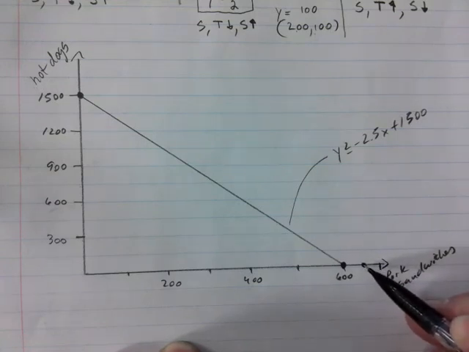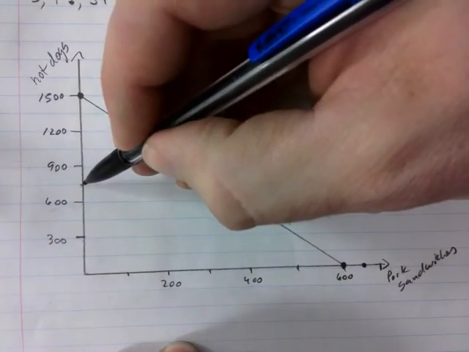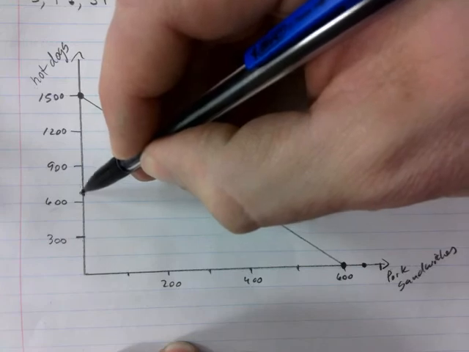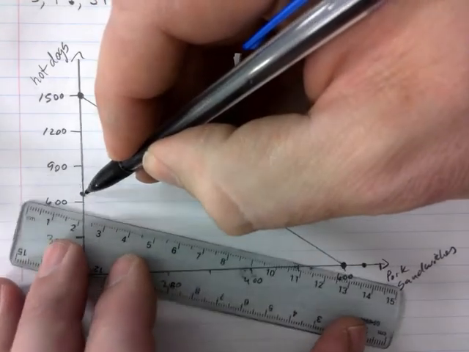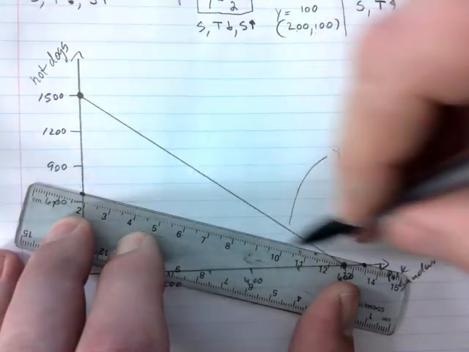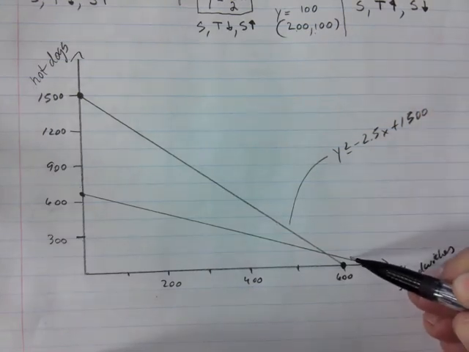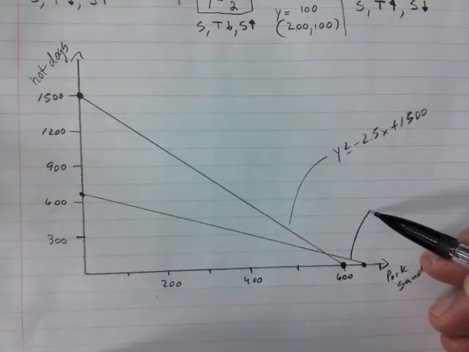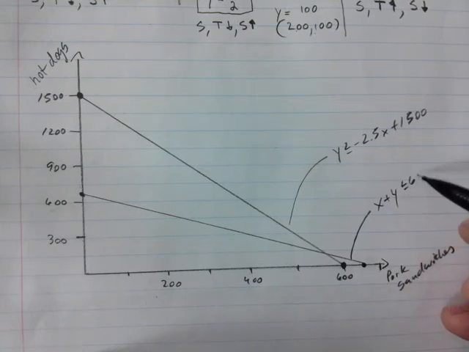And 0, 650 is about there. So they overlap a little bit, and I'm making a line from here. This is x plus y is less than or equal to 650.